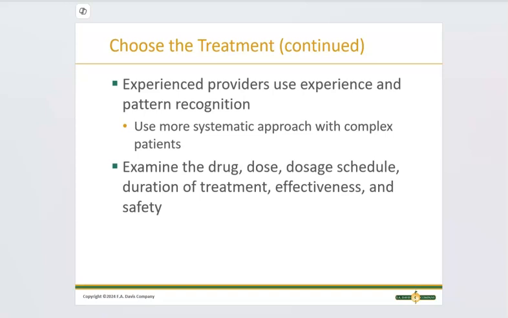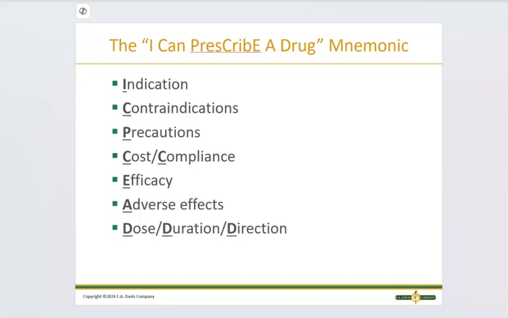Part of choosing the treatment then is examining the drug, the dose, the schedule, the duration, the effectiveness, and the safety. They give us a little mnemonic here, the I CAN PRESCRIBE: indication, contraindications, precautions, cost or compliance, efficacy, adverse effects, and dose, duration, direction.